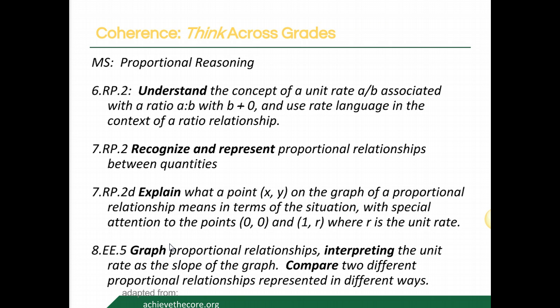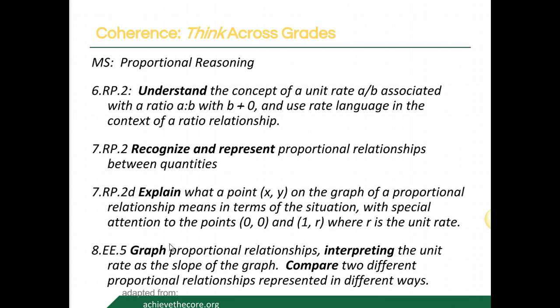Here's a sample pathway of a topic that crosses grade levels. We're talking about proportional reasoning in middle school. In 6th grade, they start to talk about unit rates and get exposure to unit rates with whole numbers. In 7th grade, they approach 2 standards where they're recognizing and representing proportional relationships between quantities.